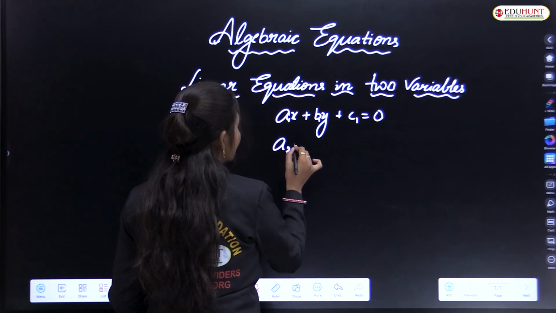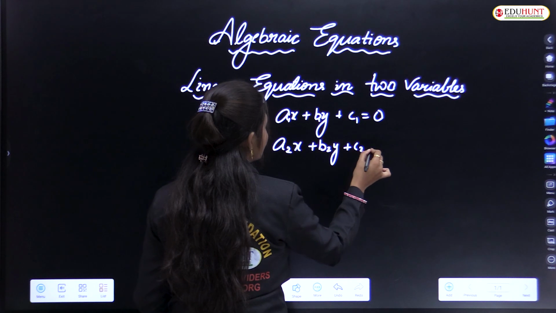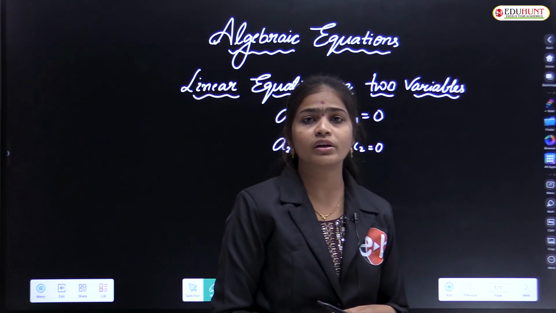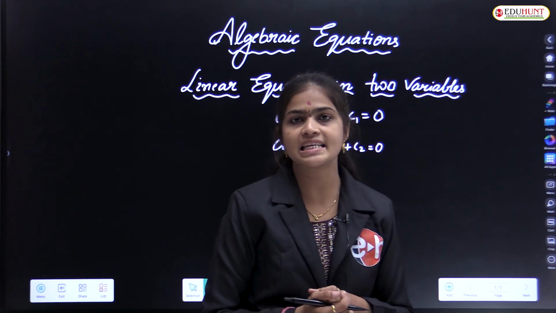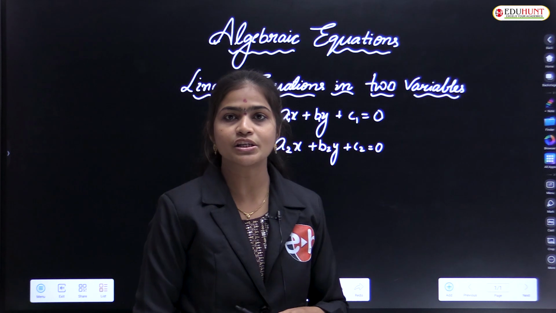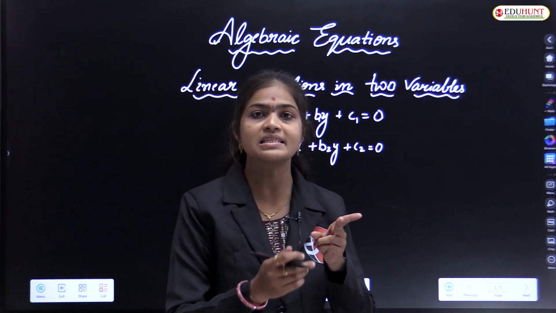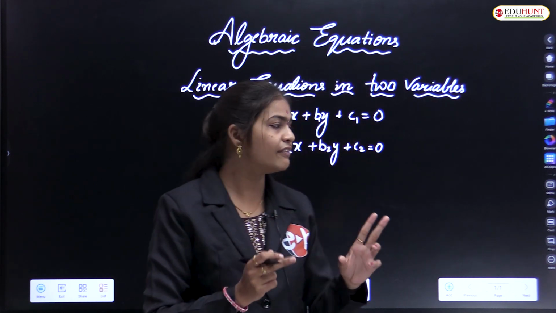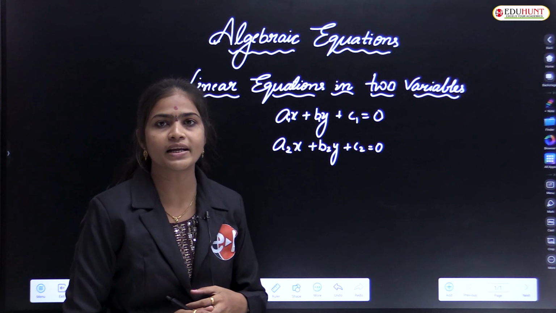Another equation is a2x plus b2y plus c2 equals 0. So to simplify a linear equation in two variables, we need two equations. For one variable, one equation is sufficient. But here there are two variables, that's why we need two equations. If there are two equations, then only we can find the values of the given two variables, x and y.